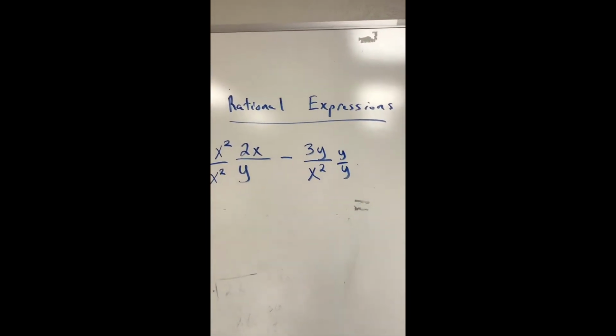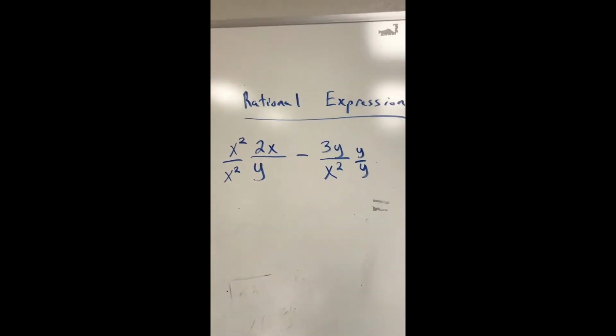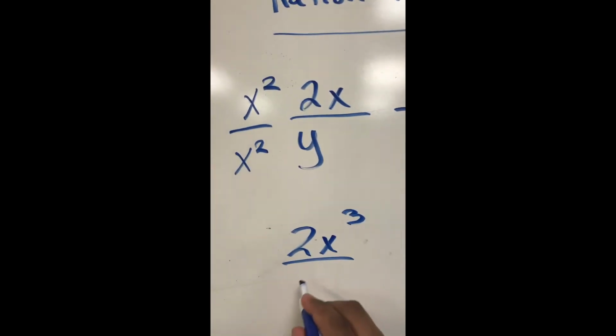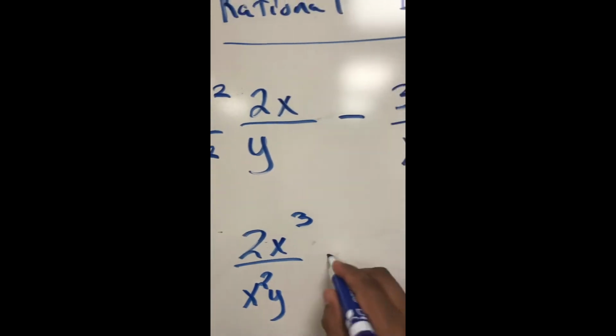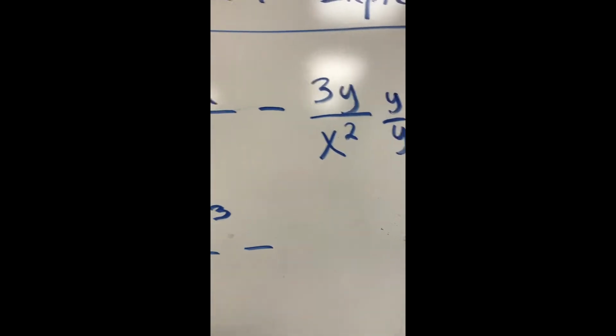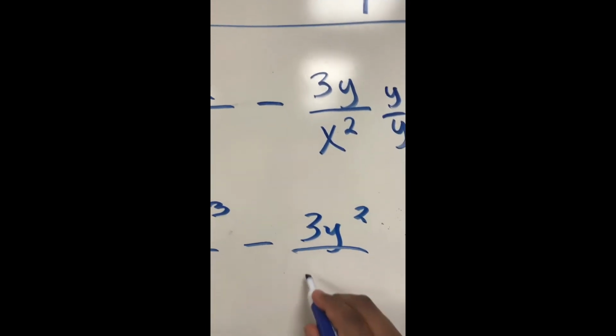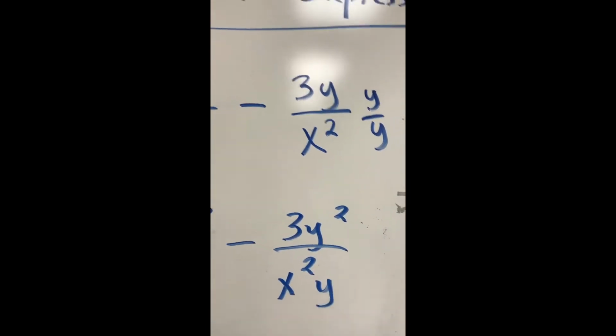Alright, so just go ahead and multiply straight across. 2x times x squared is 2x cubed over x squared y, minus 3y times y is 3y squared over x squared y.